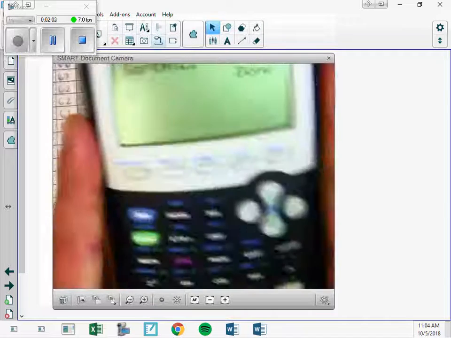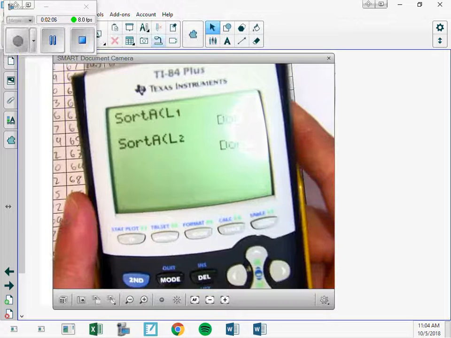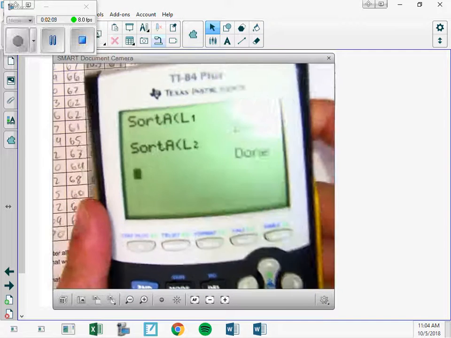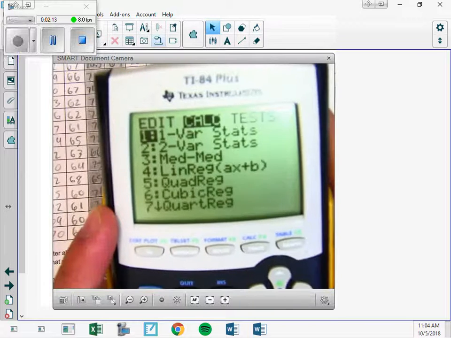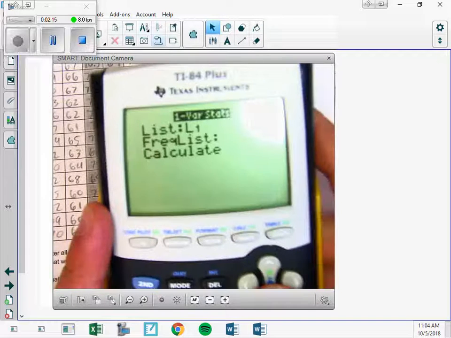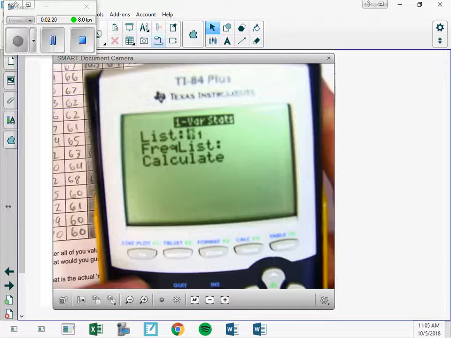Now, I need to find my averages and my SDs. So I push stat, and I go to calc, one variable, and this calculator actually asks for what list you want, so I'm going to do L2.